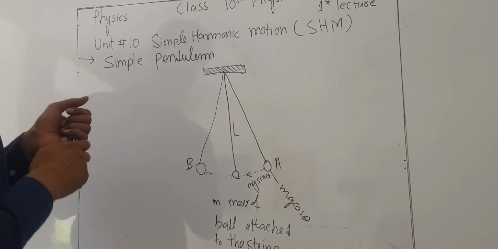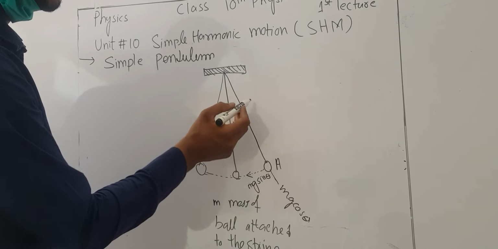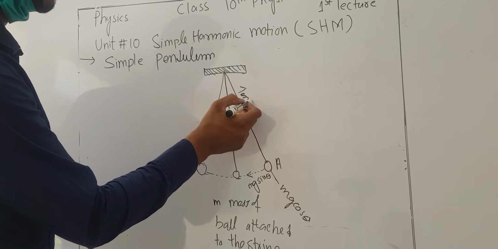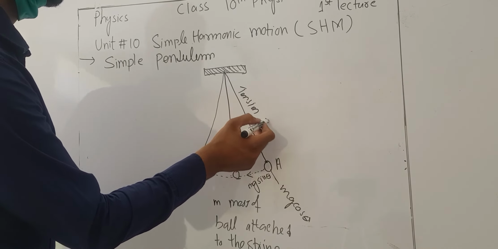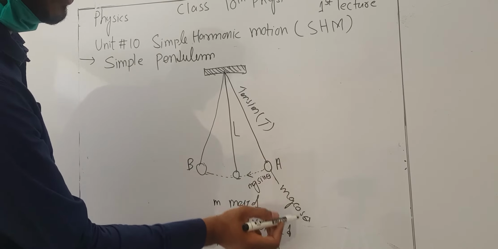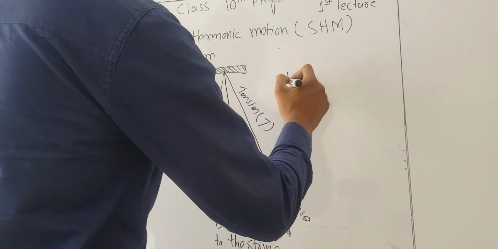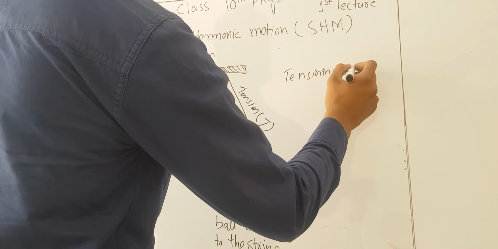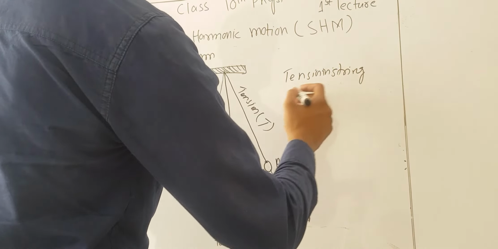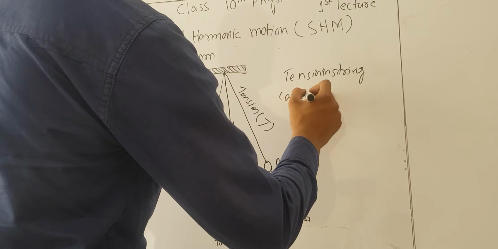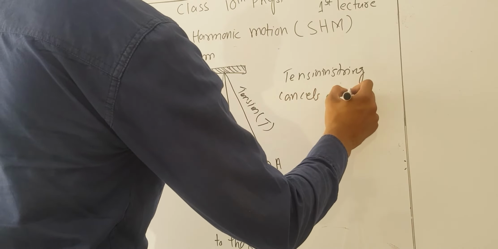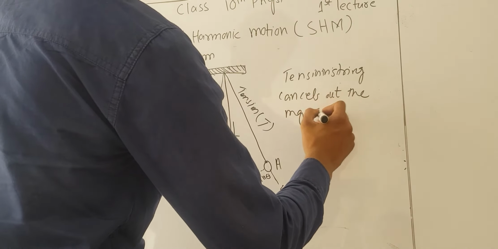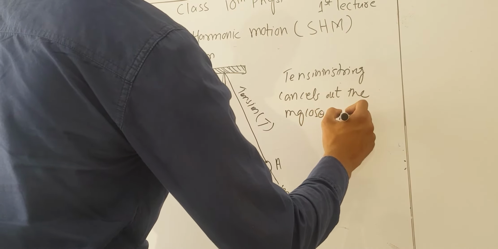The mg cos theta is cancelled out by the tension in the string, represented by the capital T.